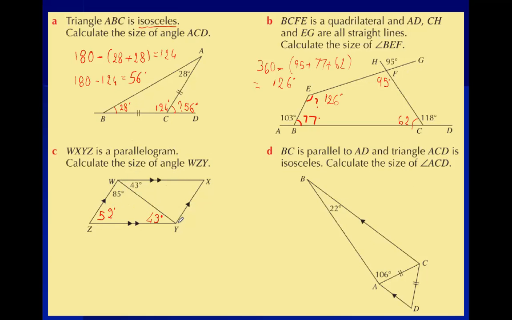I've got again another Z shape here given to me by these two. So this is 85, corresponding angle. So you could figure out what this is if you just say the same thing, 85, 43, it's got to be 52 because 180.